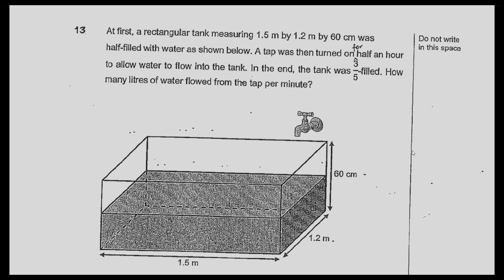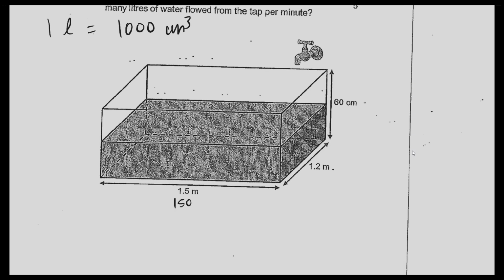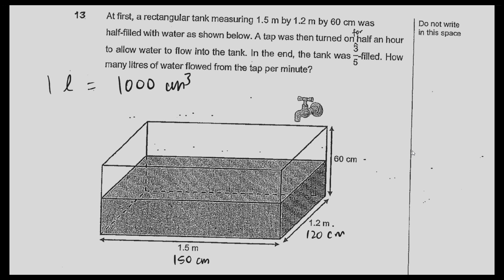You must know that 1 liter is equivalent to 1000 cm cube, or cubic centimeter. So let's just convert these values into centimeters. So this would be 150 cm, this would be 120 cm. Right, so let's assume this is just half filled first. So at the end, we know that the volume of water increased to 3/5.